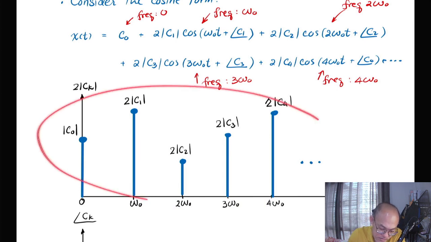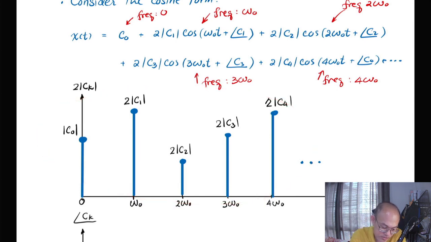And this graph is called the magnitude spectrum of x. Okay, so we call this graph the magnitude spectrum of x(t).